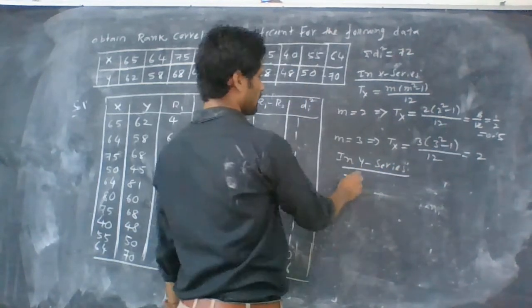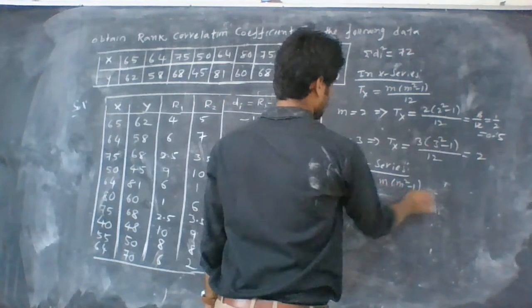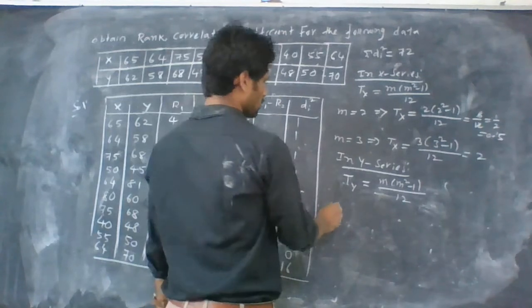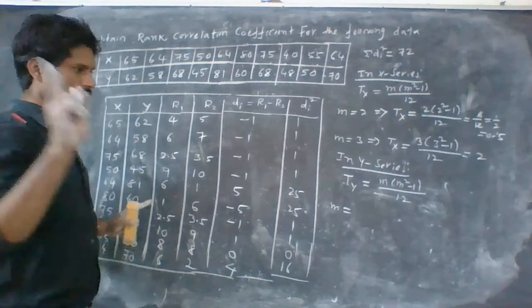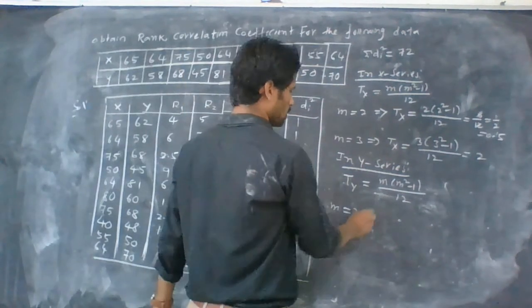In Y series, Ty is equal to m into m square minus 1 by 12. In Y series, 68 is repeated only twice, so m is equal to 2.